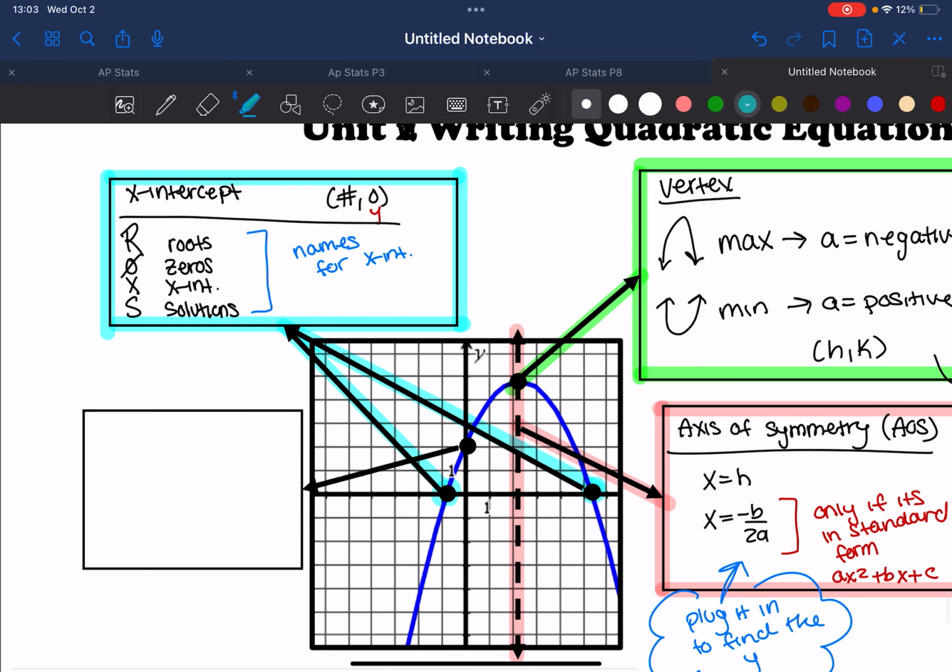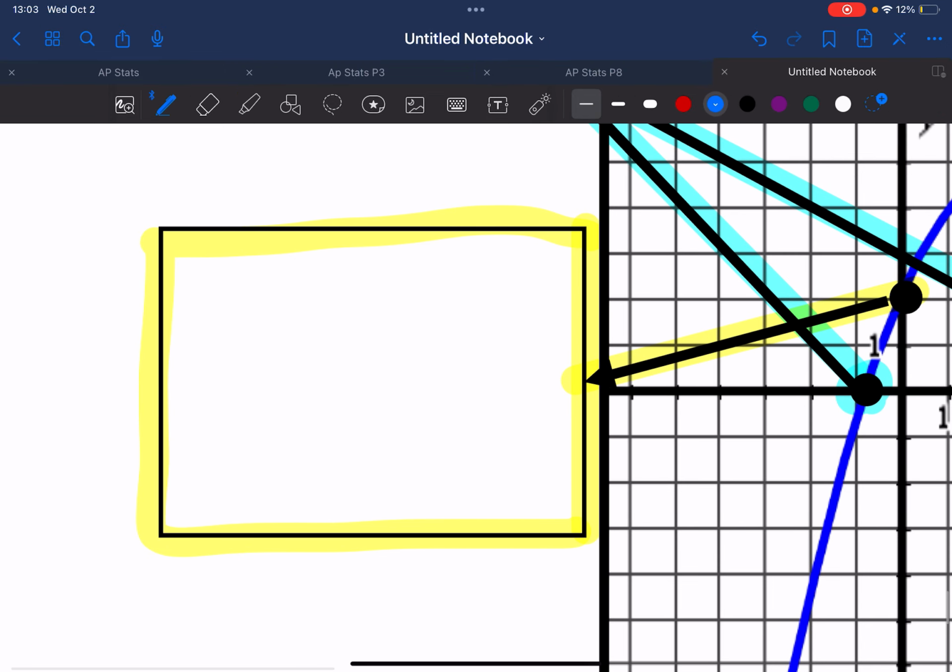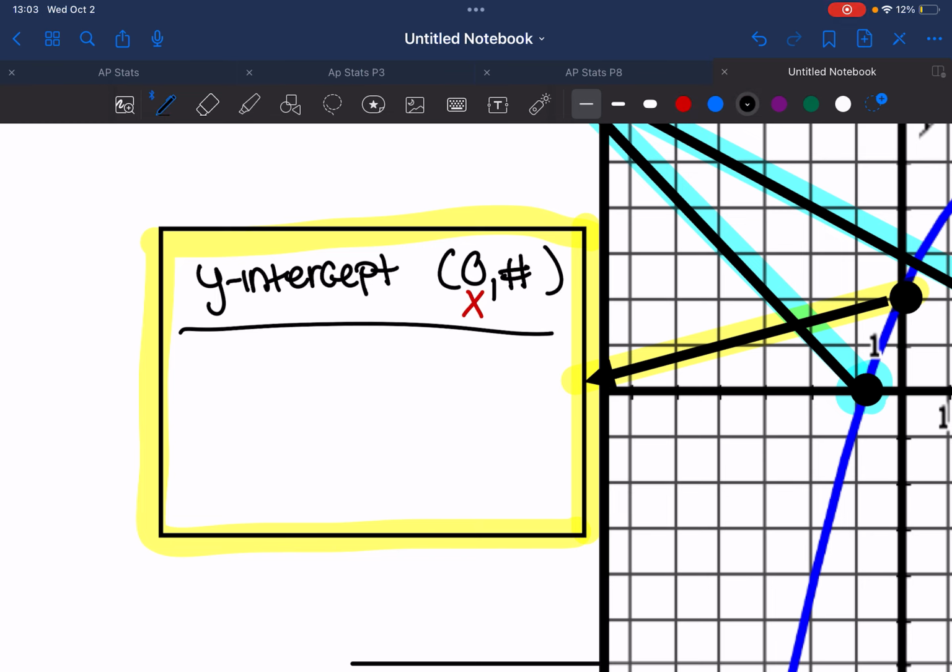And then lastly, we have the y-intercept. We know it is the y-intercept if our x value is 0, so the opposite of the x-intercepts.